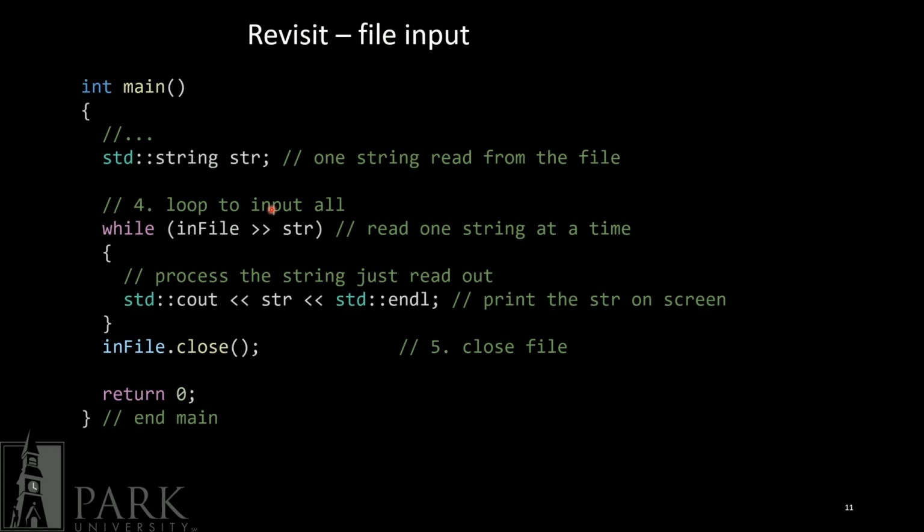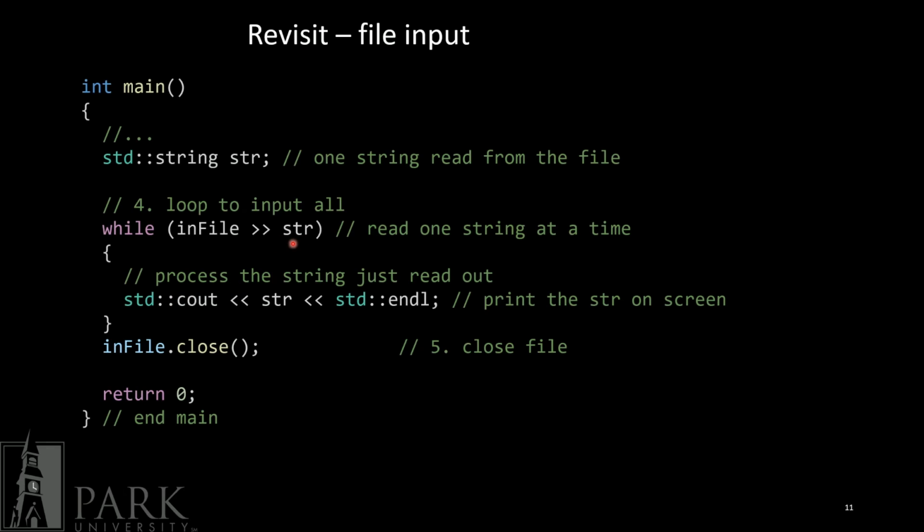If there's more that it can extract, it will be true and we'll process it and continue to loop. If we're at the end of the stream or it returns an error for some reason, it will resolve to false. The stream extraction operator will return false, and we'll know there's a failure or we must be done, so we stop processing.